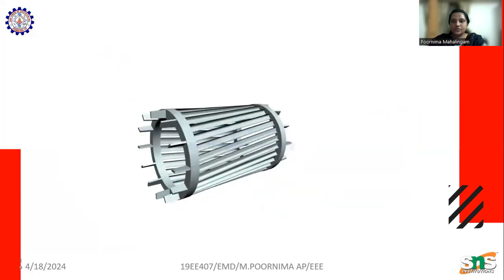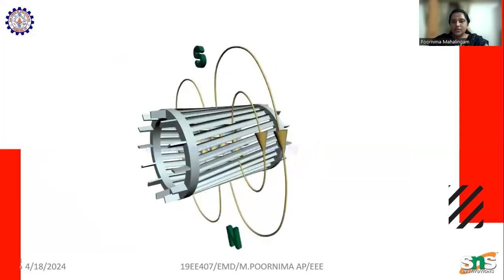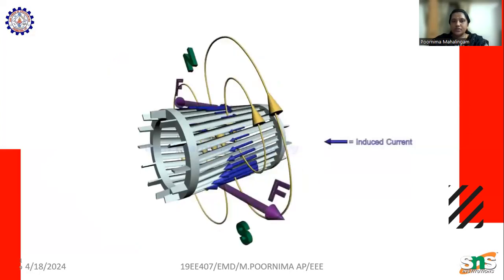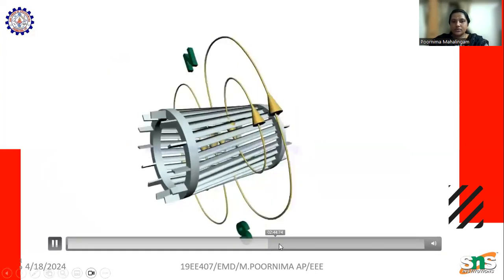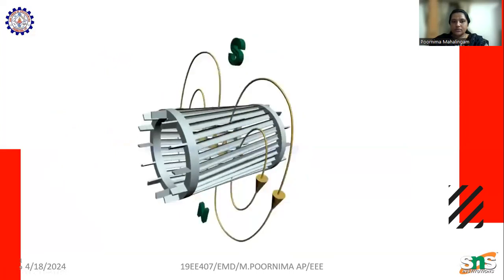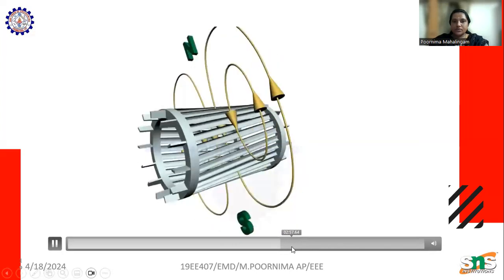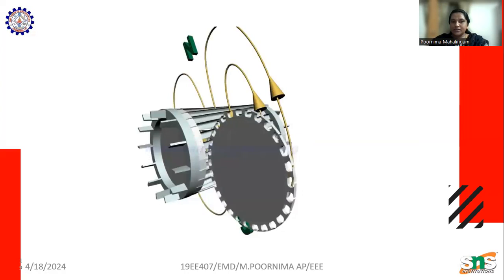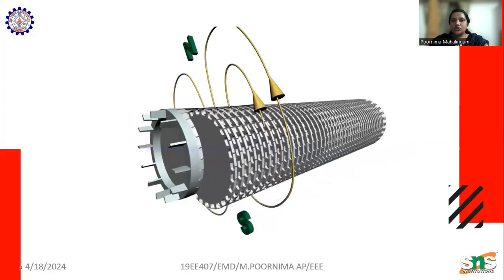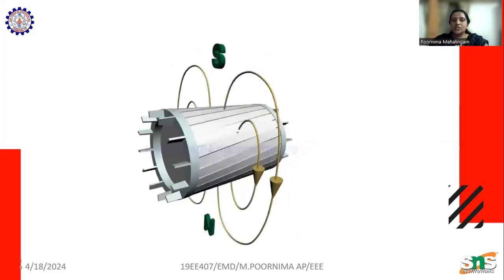In the stator, the same happens in the rotor, so a magnetic field is produced. In the induction motor, the insulated iron core is laminated, so because of this, eddy current losses are minimum. This is mostly used in the three-phase induction motor. This is a self-starting motor.